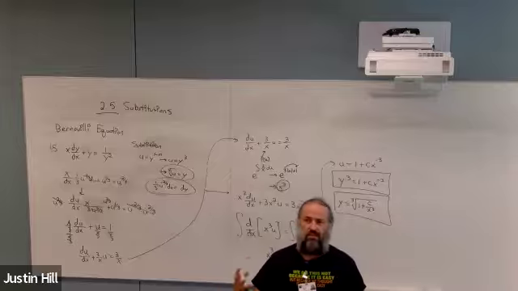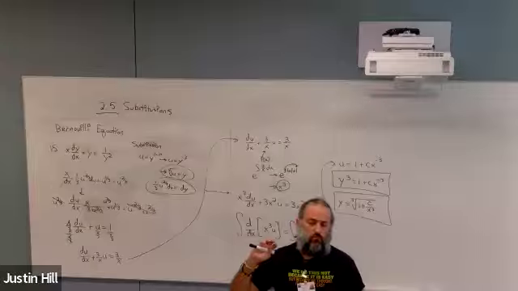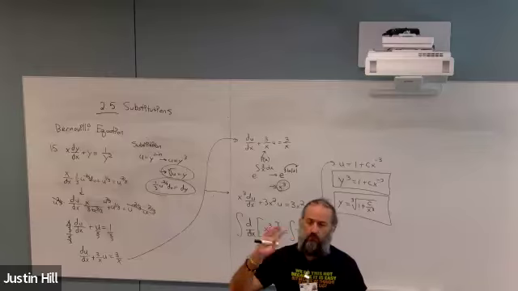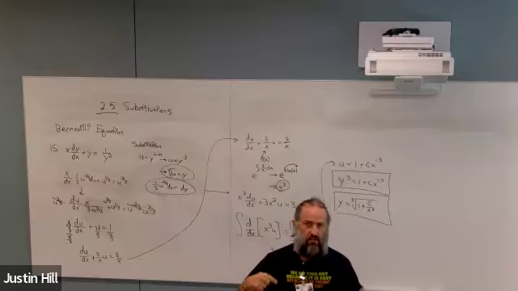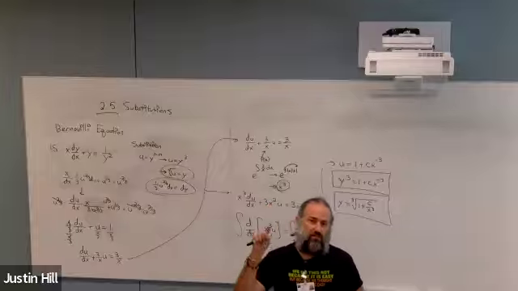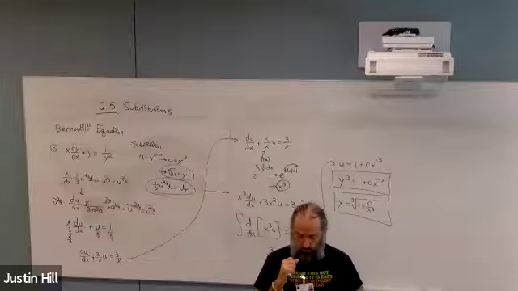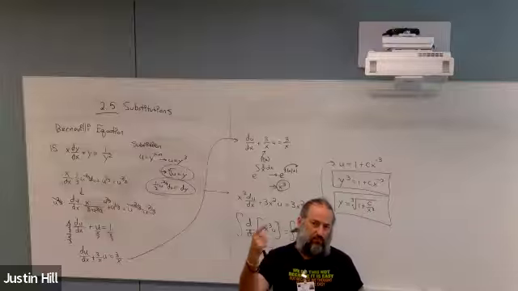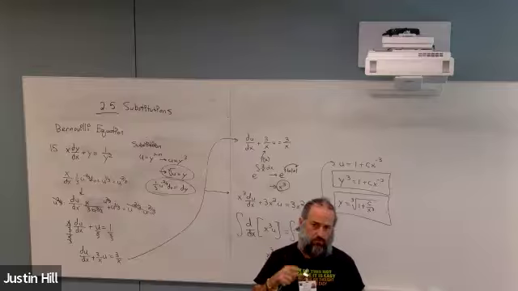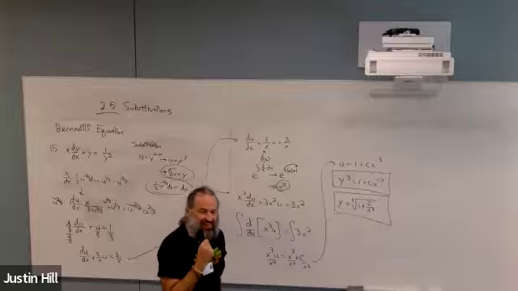They're basically not being sadistic. But this first type where you have a mix of x's and y's and it doesn't fit any of the other types that we've seen. The point of that type is if you make that very specific substitution, basically y equals ux, then it becomes a separable equation, and you can solve it like you would solve a separable equation.